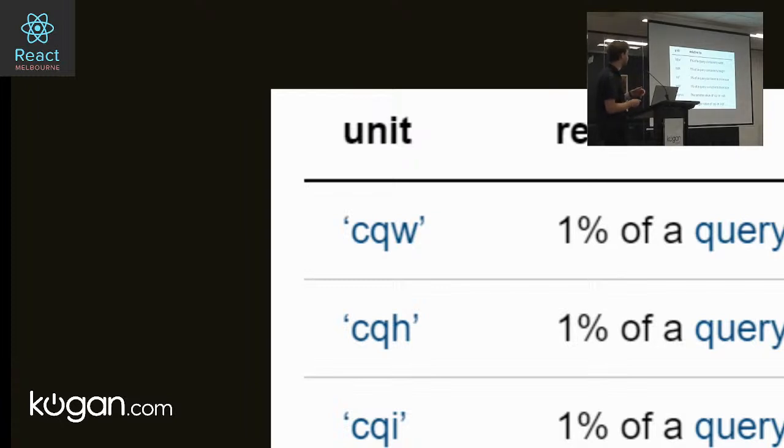But CQI would be equal to CQW in Latin English, because text moves left to right. So CQI would just be CQW, and CQB would be CQH. The I stands for inline and the B for block. So I'm just using those now because it's the new standard apparently.